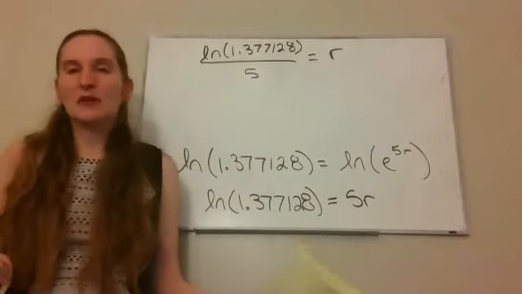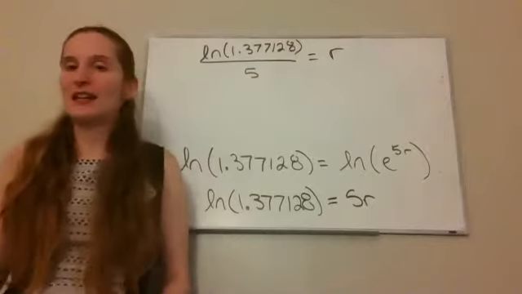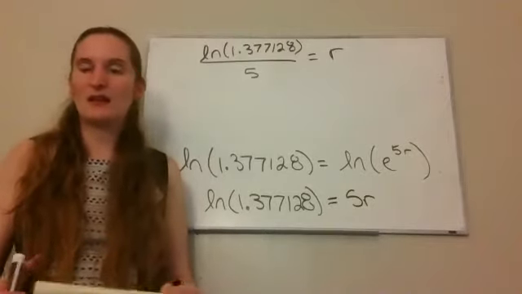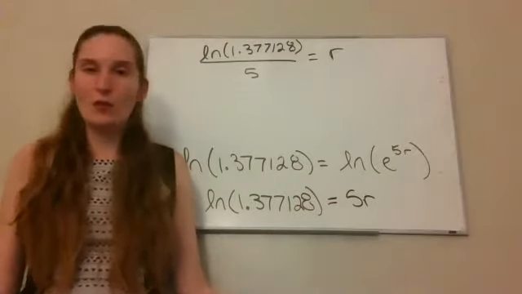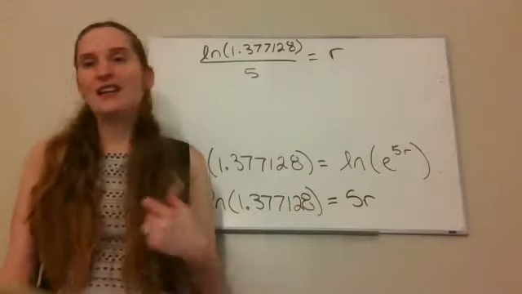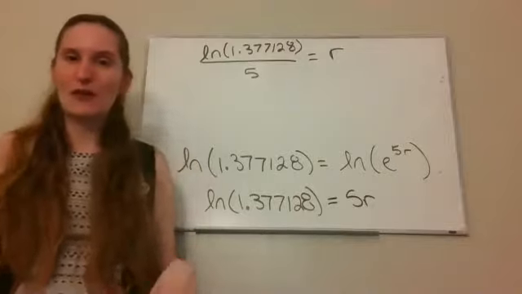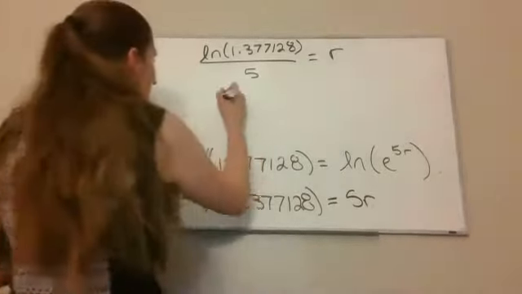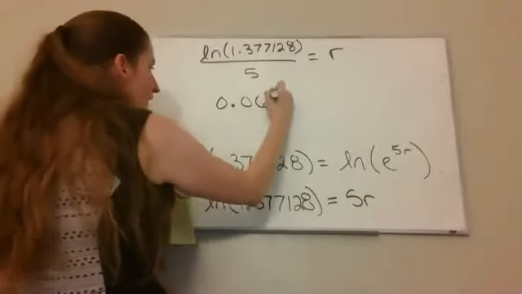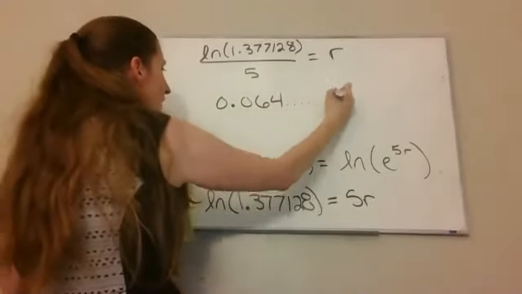But we know in the real world, you're not going to go and invest money in accounts and have them tell you that the interest rate is natural log of 1.377128 divided by 5. No one talks like that in real life. So let's actually type this in the calculator and see what we get. You would get about 0.064, and it's a decimal that goes on forever.